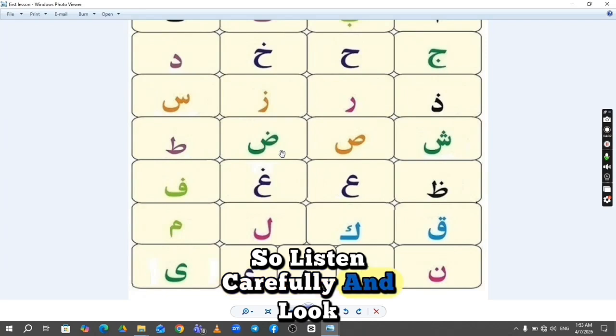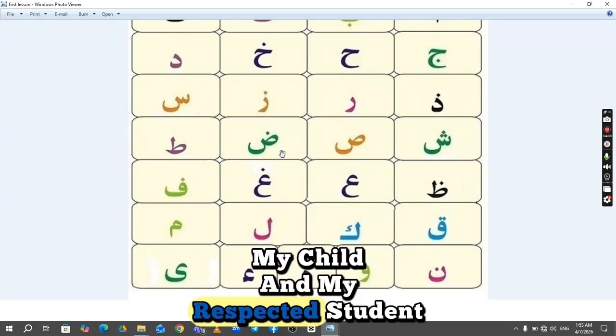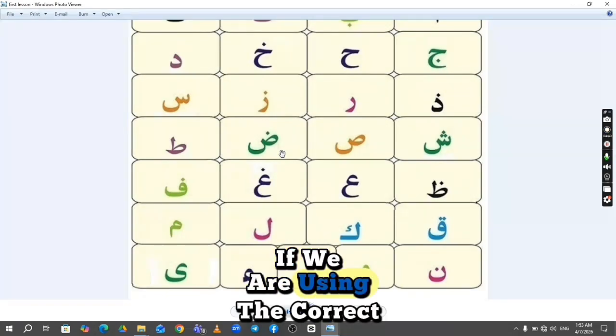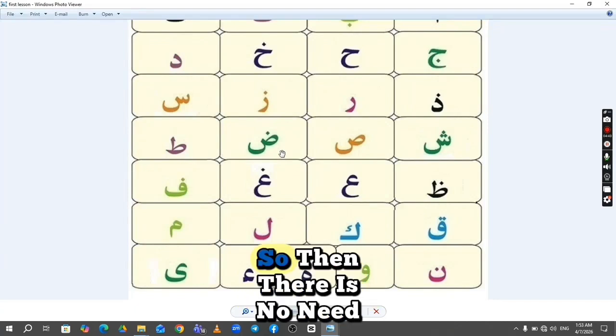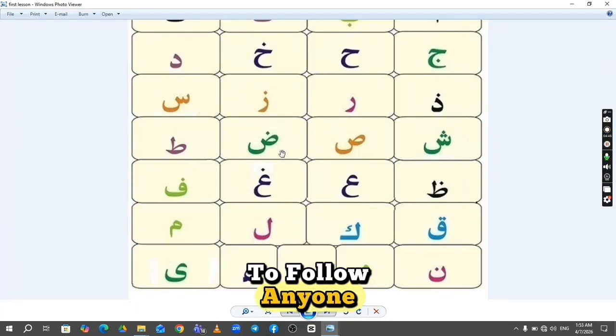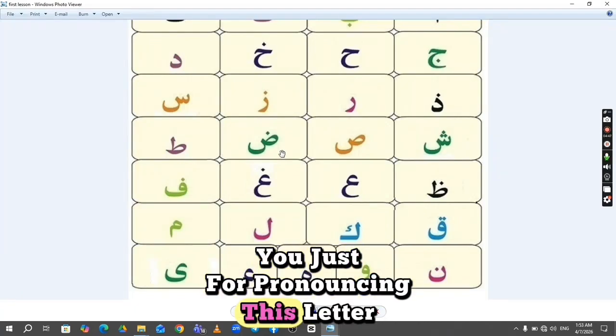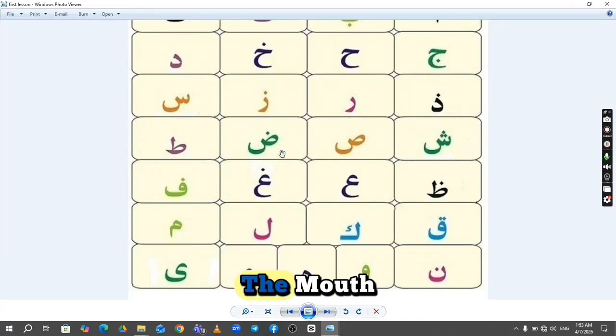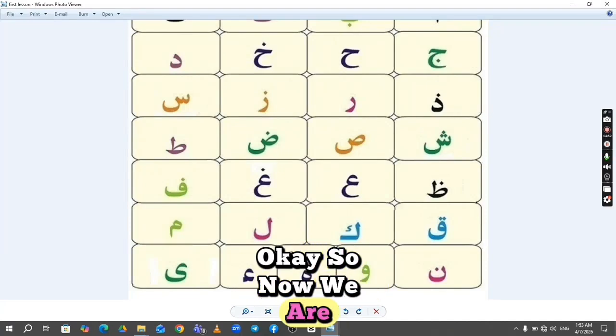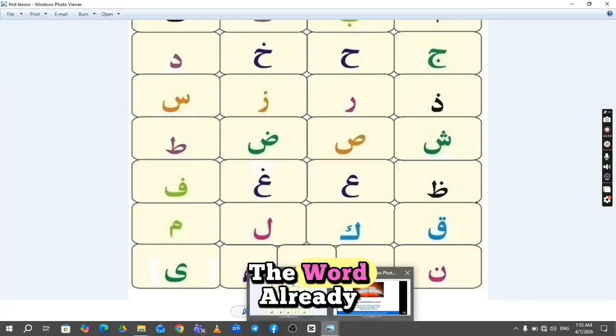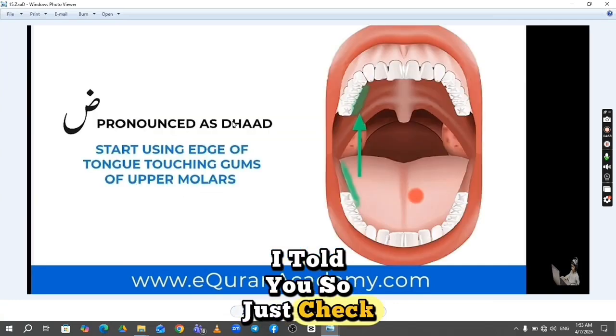Listen carefully and look, my respected student. If we use the correct part for the origin, then there is no need to follow anyone. For pronouncing this letter, you just use the correct part of the mouth. Now I'm showing you the origin of the letter.